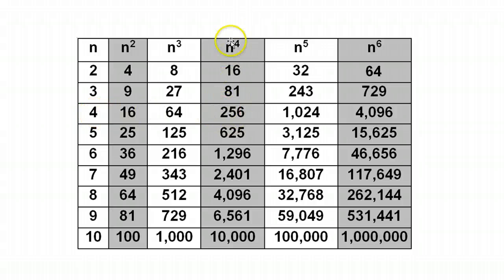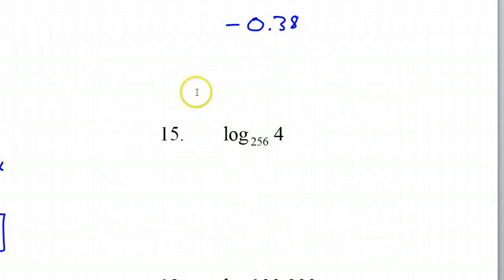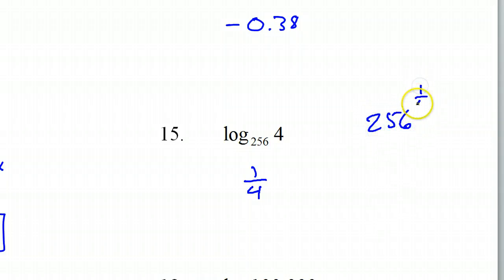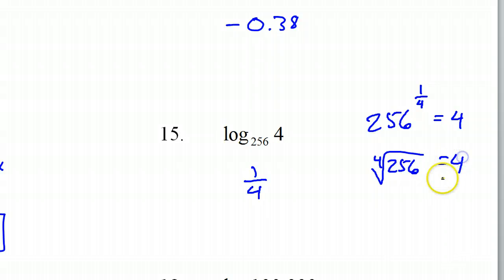So if I do the 4th root of 256, that will give me 4. It's going backwards, so that's why it's going to be 1/4. In other words, 256 to the 1/4 power gives me 4, because that means the 4th root of 256, which is 4. Alright, so 1/4.